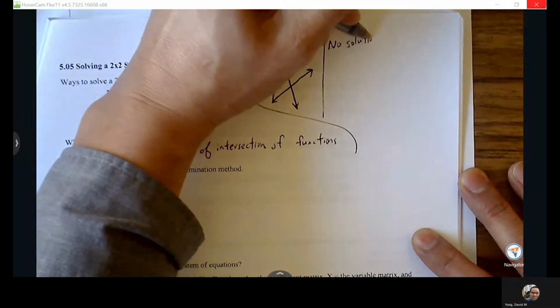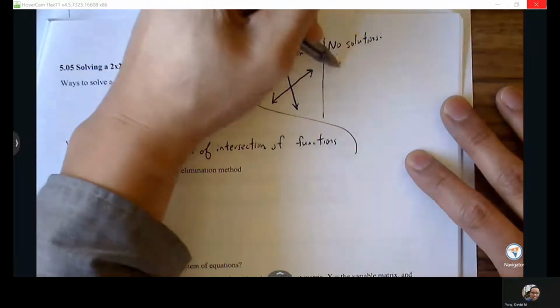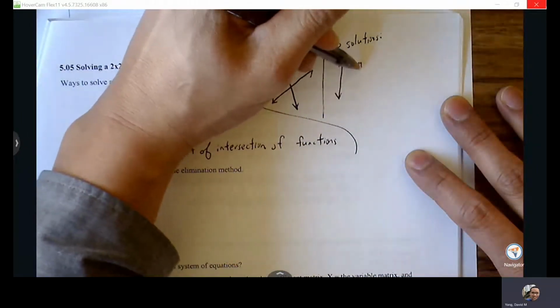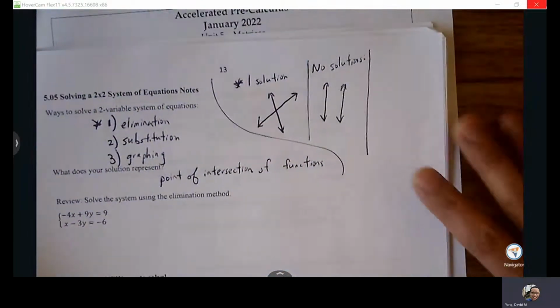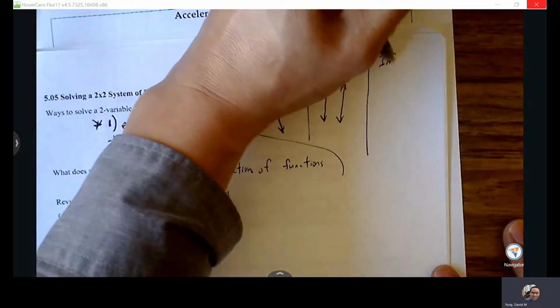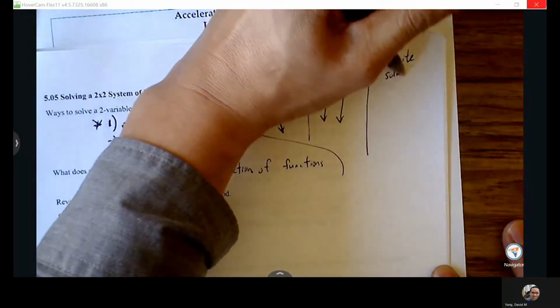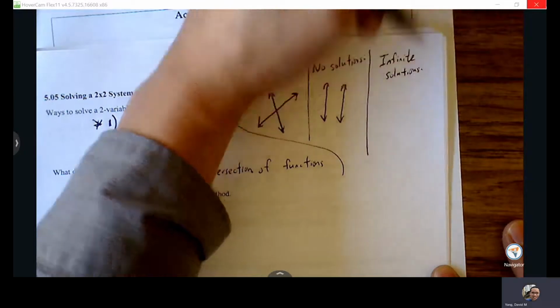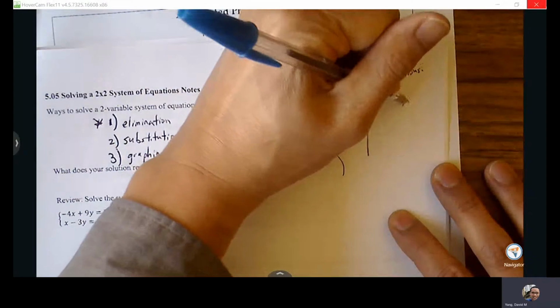That means the two lines are what? They're parallel, right? If they're parallel, they're never going to intersect. And then the other possibility is there are infinite solutions. That's when you have a line that is overlapping another line. It's basically the same line.